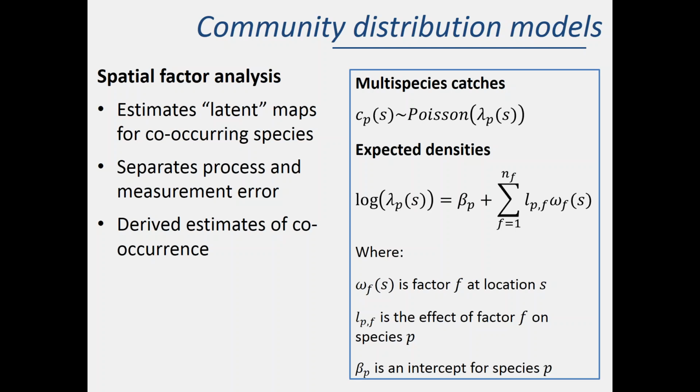So to get to your question, Elizabeth, the interpretation of the factors is that they're these latent variables that explain covariance between species. And the loadings matrix L is the effect, it's the action of a given factor on the distribution of a given species.